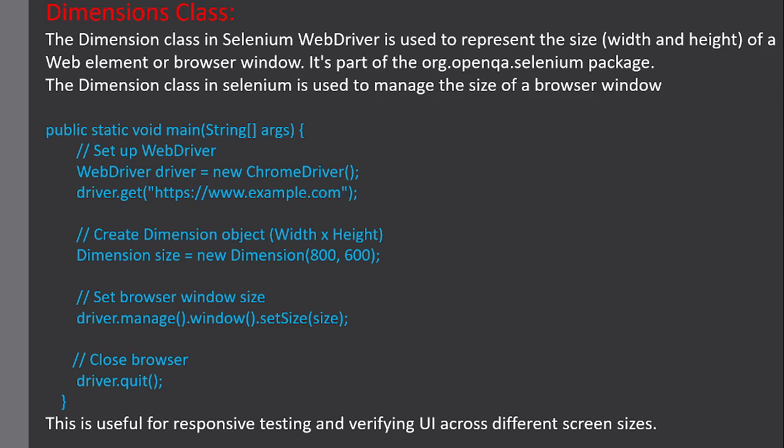For that, Dimension size is equal to new Dimension. Inside the parentheses, we need to pass the width and the height. Then we need to set the browser window size: driver.manage.window.setSize. Inside the parentheses, we pass the argument as size. After that, we can close the browser by using driver.quit.